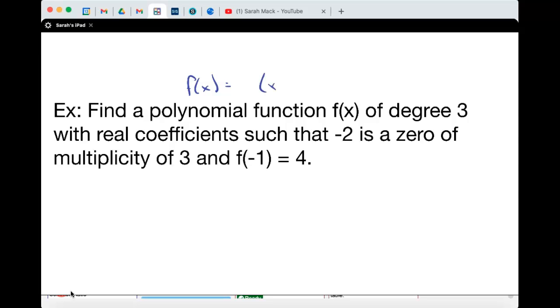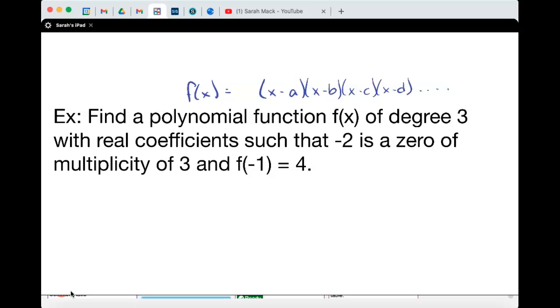So I could have x minus a times x minus b times x minus c times x minus d, depending on how many zeros they actually give us. But sometimes I will have a lovely number here, or constant, and that's part of what we have to figure out. So they will give you zeros, so you should write them in factored form. I'll have to figure out the constant that's in front of everything.